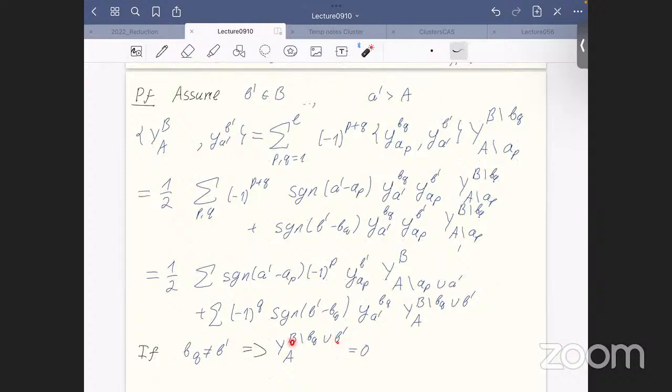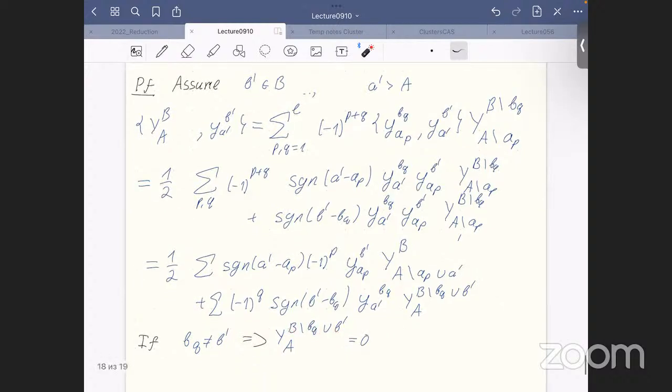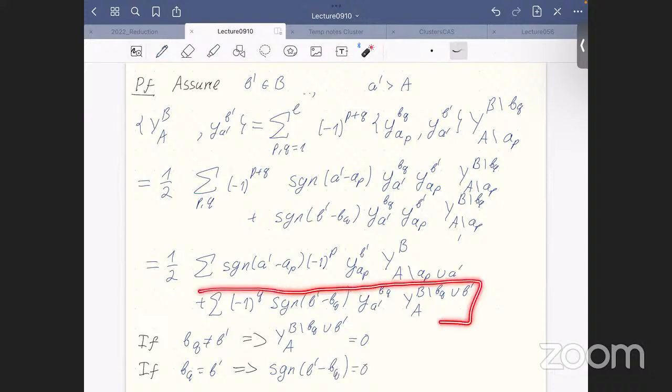B prime is contained in B, we deleted BQ and added one more B prime. If BQ is equal to B prime, then happily the sign is equal to 0. So hence this whole sum, the second term, is 0.